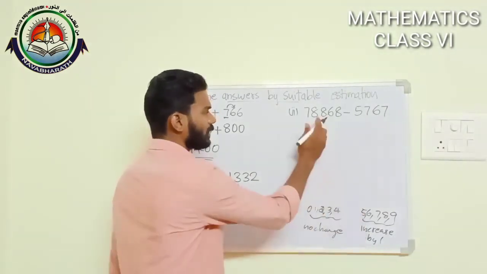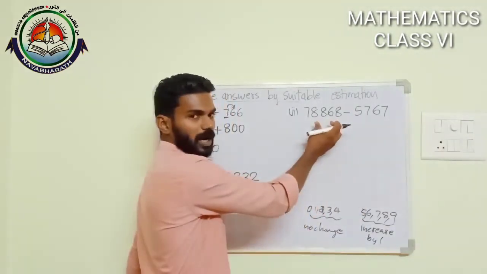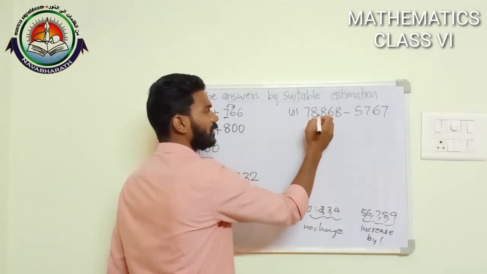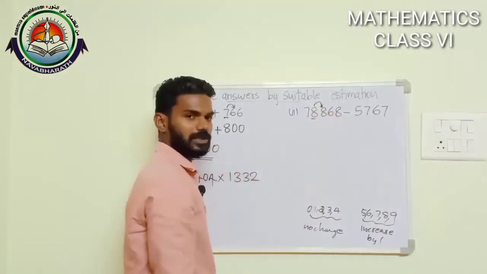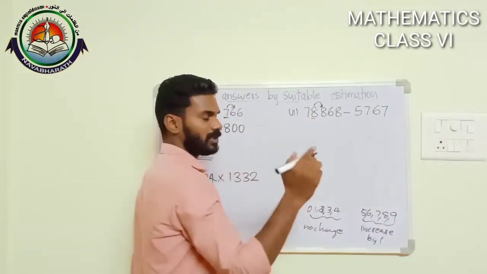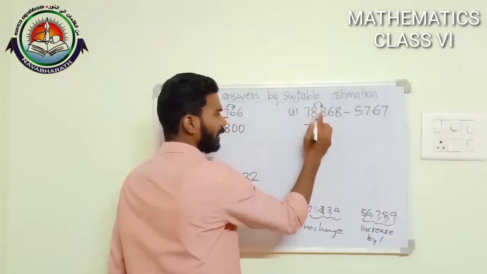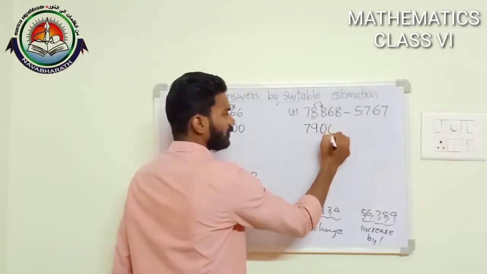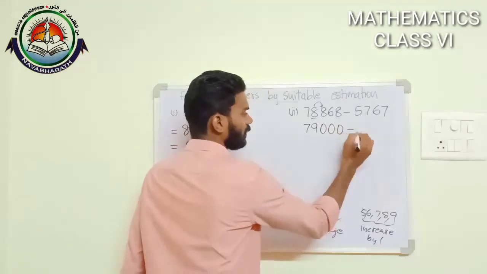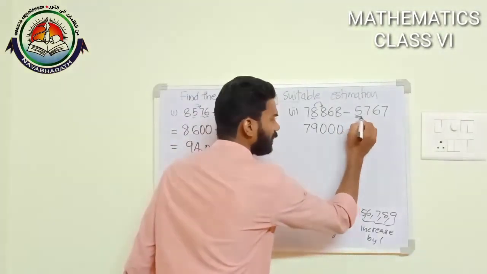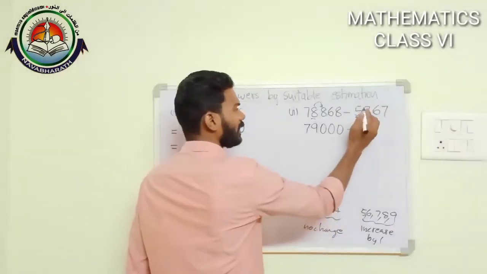For that, first of all, we mark the thousands place. Ones, tens, hundreds, thousands. The next digit is 8. 8 belongs to this group. So this must be increased by 1. 7 and 8 is increased as 9. Then 0, 0, 0. Sign minus. At the thousands place, here it is 5. Which is the next digit?